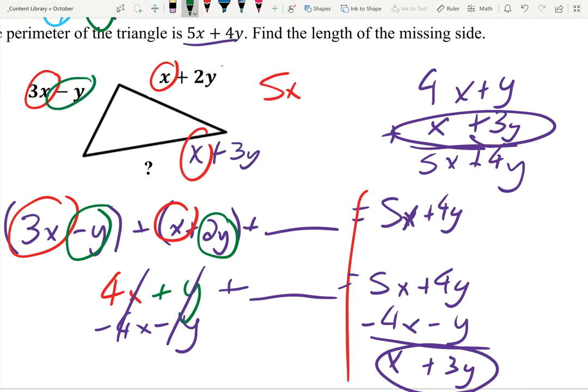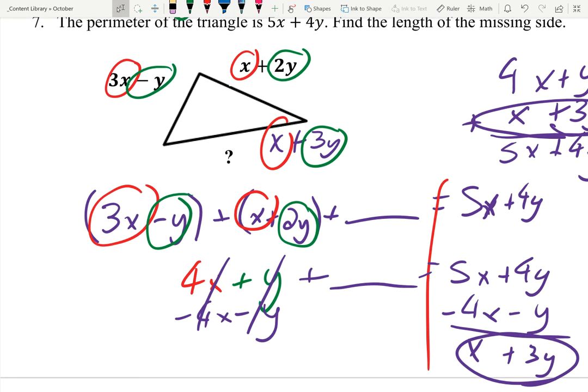Negative 1 plus 2 plus 3 makes 4y, because negative 1 plus 2 is 1, and then 1 plus 3 makes 4, so that would be 4y, which is what the perimeter was. So you can always go back and double check that your perimeter adds up to what it claims to add up to. Okay, so there's a couple different approaches here, but it uses that same sort of adding up all the sides to make your perimeter.